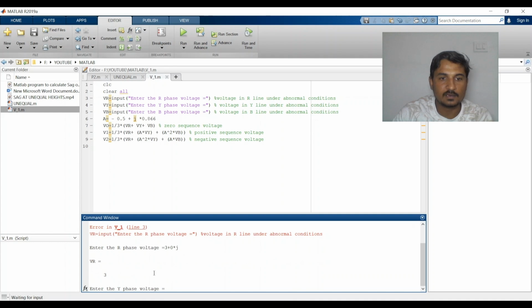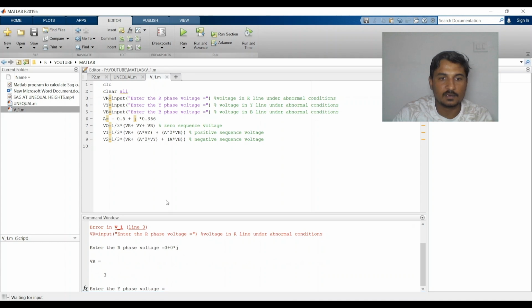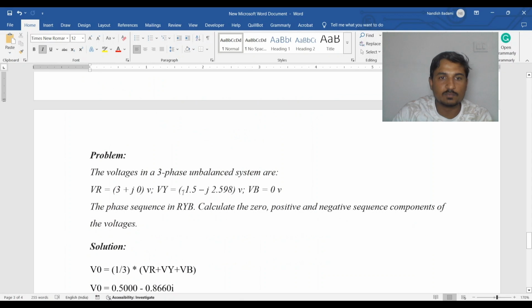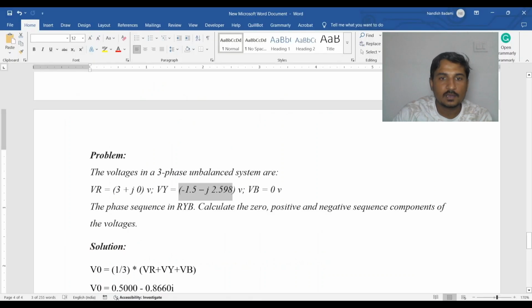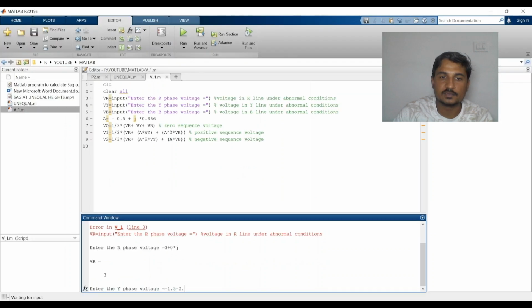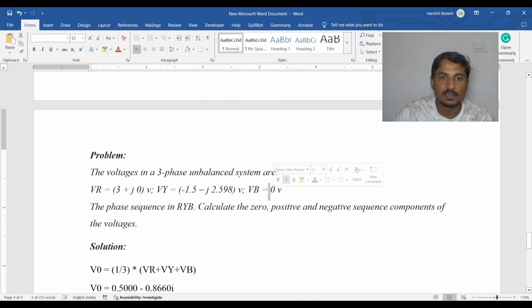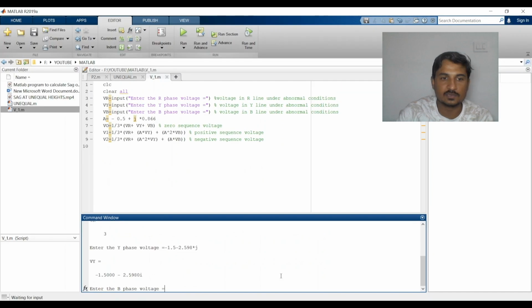Yeah, now it is taking. Along with that, the Y phase is minus 1.5 minus j 2.598, so minus 1.5 minus 2.598j, and the B phase voltage in this problem is 0. Let us type it as 0.